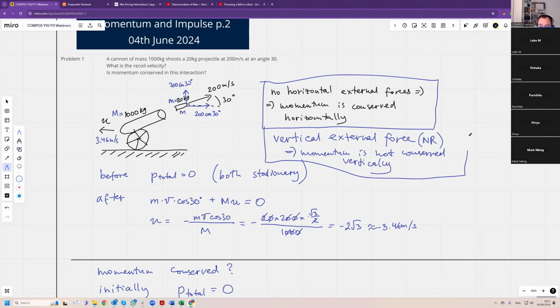Okay. There is a normal reaction force on the cannon, that means the vertical momentum is not conserved. Does that make sense? Do you understand, on a scale of 0 to 10, please?